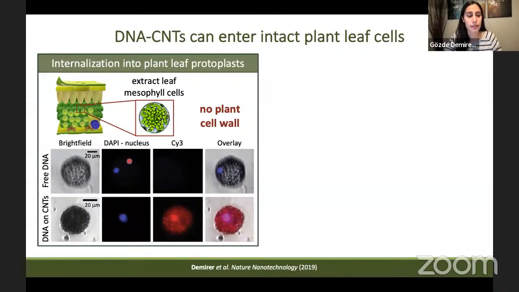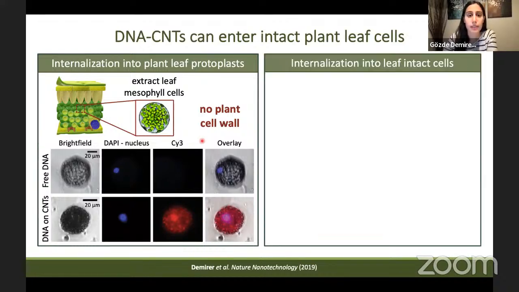When we deliver the same DNA with carbon nanotubes, then we see that the DNA localizes both in the nucleus and the cytosol of this cell. So this shows us that the DNA carbon nanotubes can enter the plant cells when they don't have the cell walls. So next, we looked at if they could also enter into the intact leaf cells.